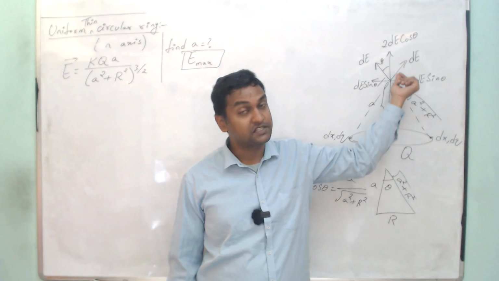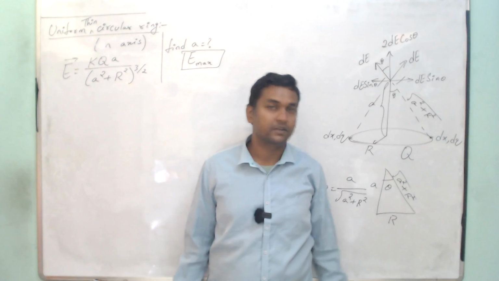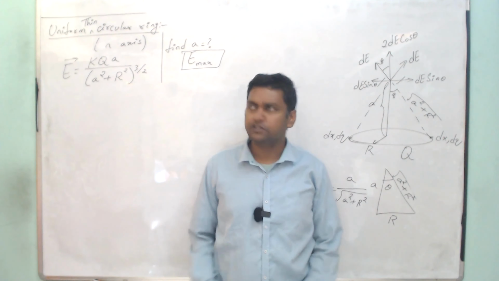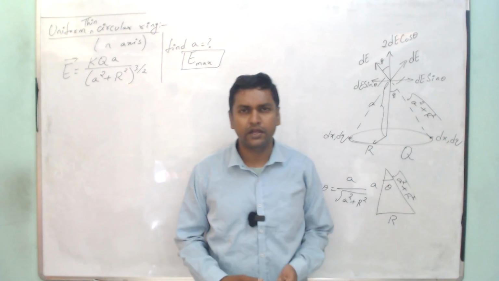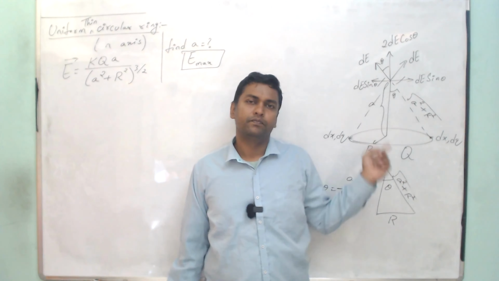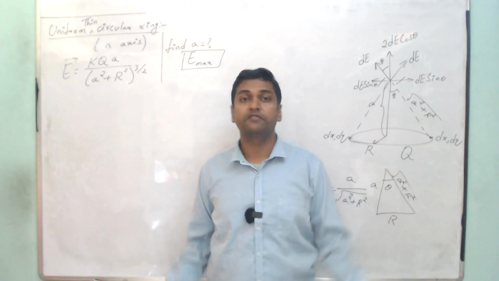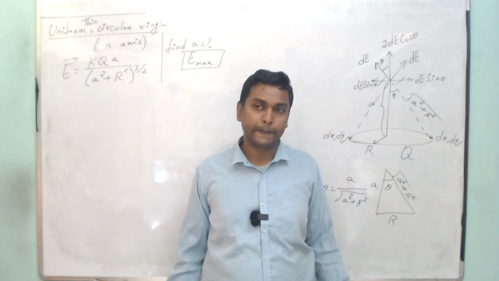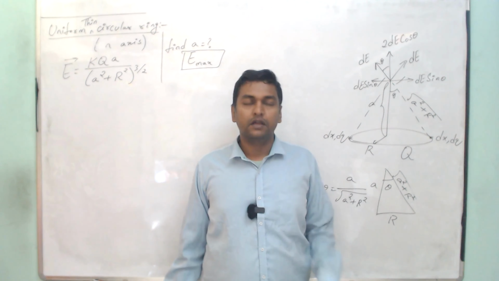Somewhere it will have a maxima and again decrease, and it will be 0 again. This is a very common question: find the position on the axis, the distance on the axis from the center, where the electric field is maximum.